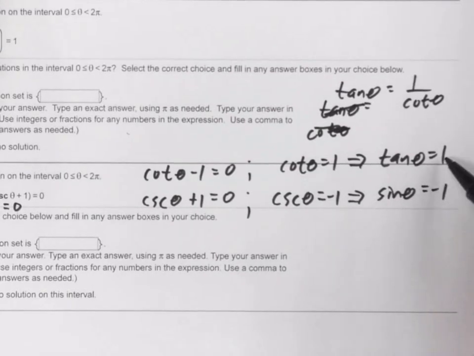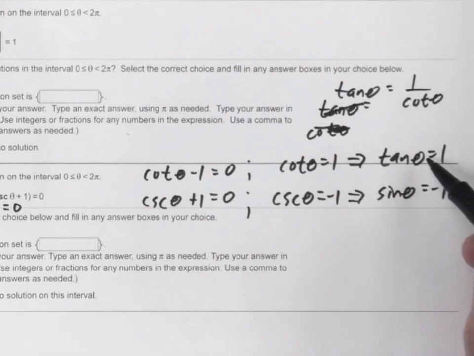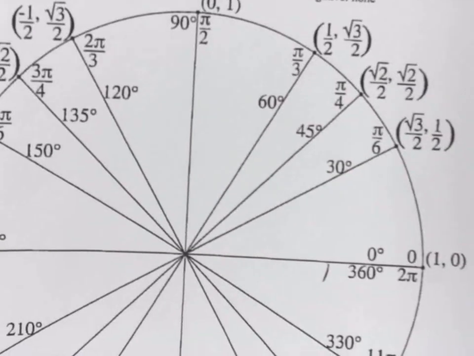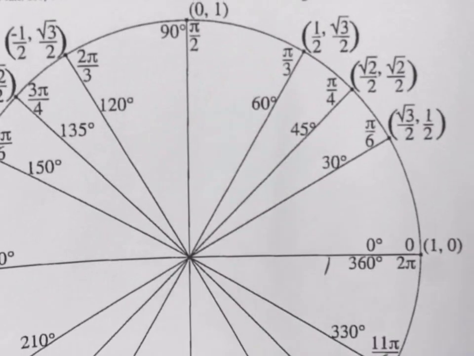So let's look at tangent of theta equals 1. Going one trip around the unit circle, what are the angles where the tangent's 1? The tangent is sine over cosine, so I need to find the angles where the sine and the cosine are identical, both the numbers and the positive and negative. Look here.